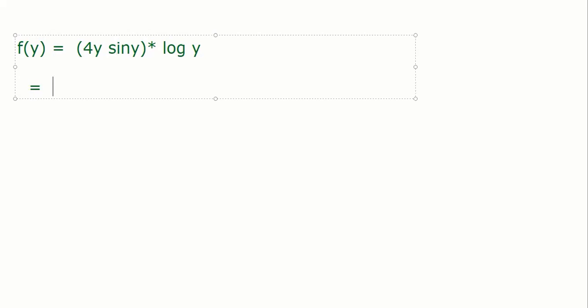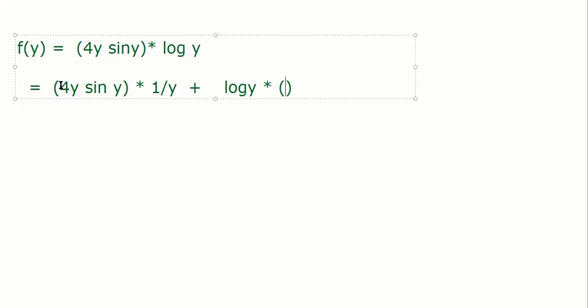So, first we'll do u into v dash, right? You tell me, I'll write. 4y sin y as it is into v dash. dy by dx of log y. Correct. This is 1 by y plus log y, because they'll come as it is, and then into differentiation of 4y sin y, correct? Yes.